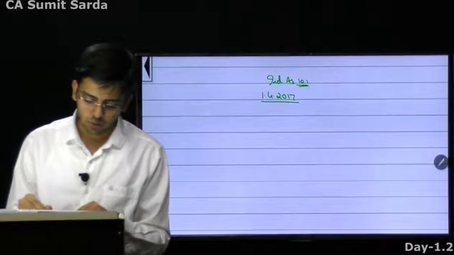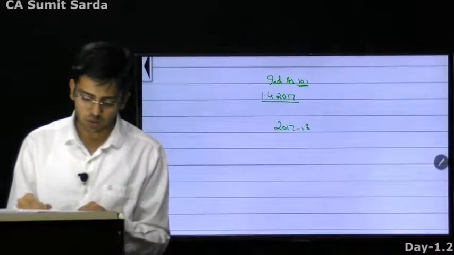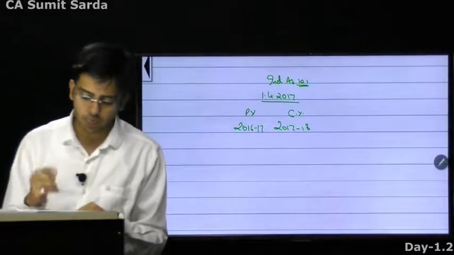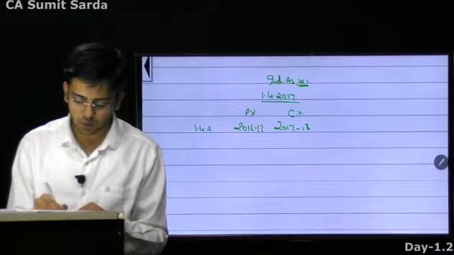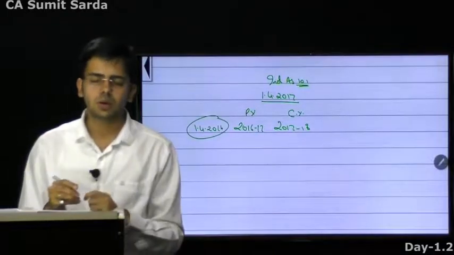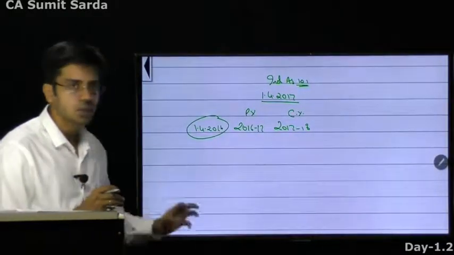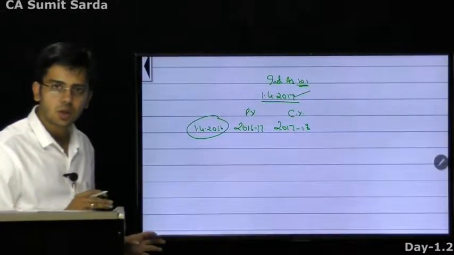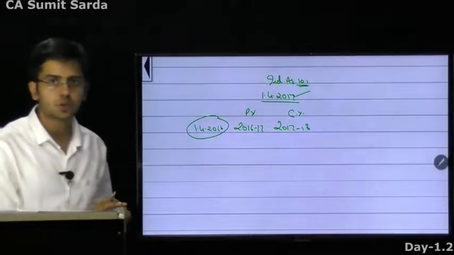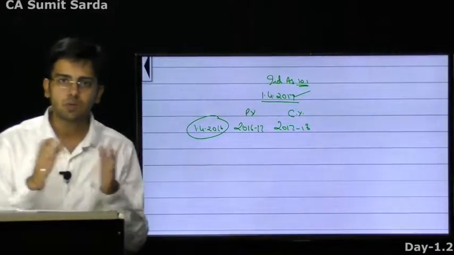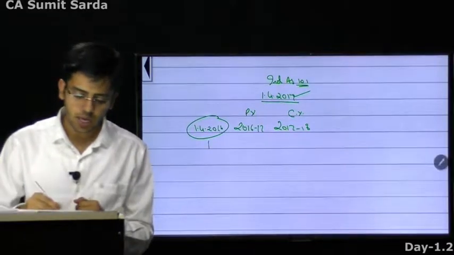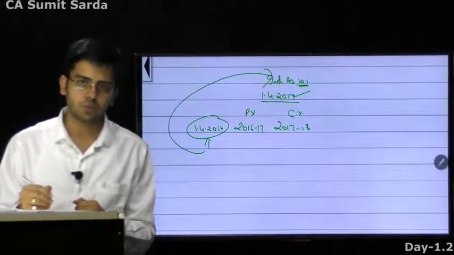One is 17-18, so this is your current year. 16-17 will be your previous year. And there is one more balance sheet that is to be provided, which is 1st April 2016. This date will be considered to be the date of transition. This will be your first Ind AS balance sheet. Though the date of transition is 1st April 17, but Ind AS will be implemented from 1st April 2016. And this is the first balance sheet that we are going to restate. Okay. So this will be as per Ind AS 101.